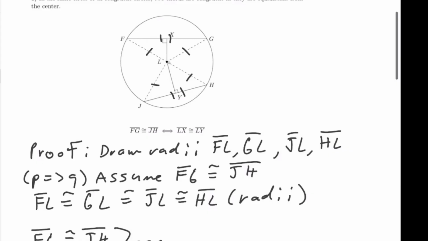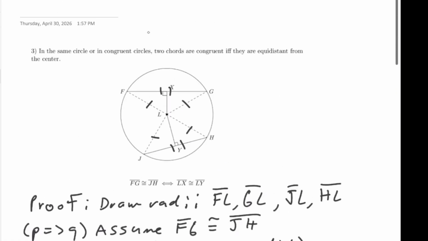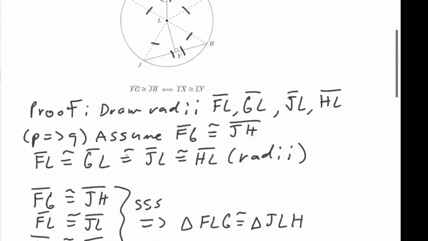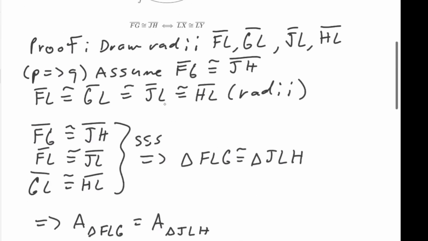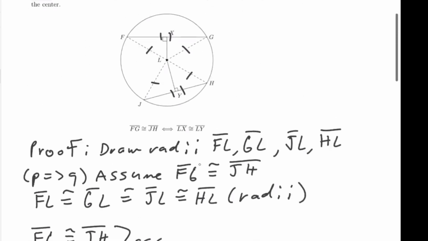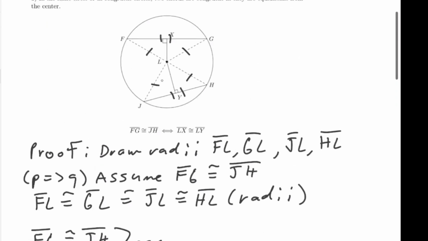So we have the area is 1/2 the base, which is FG, times the height, which of course is LX, is equal to 1/2 JH times LY.